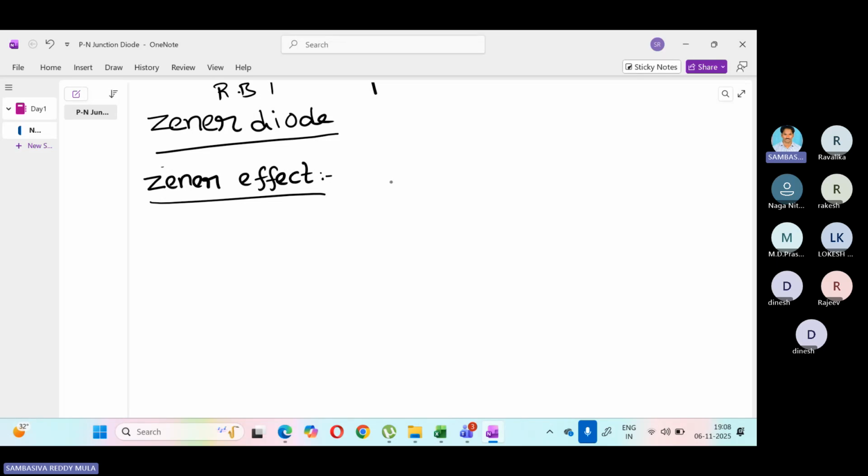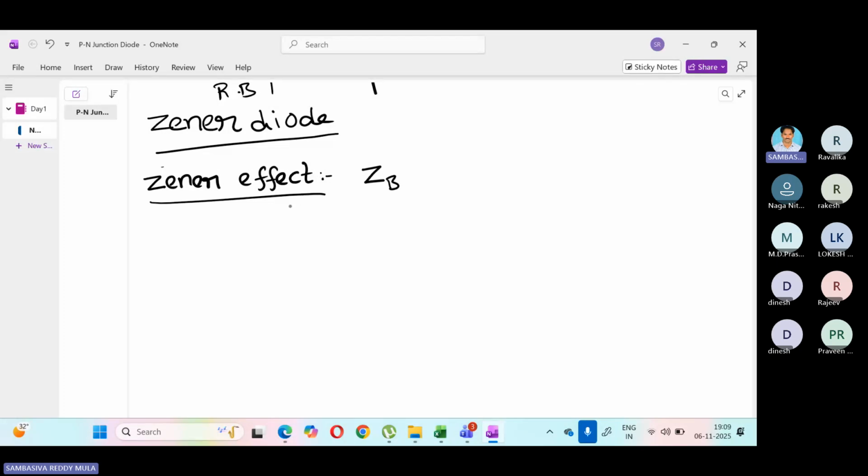A breakdown occurs in the Zener diode. So, Zener breakdown. After this Zener breakdown voltage, high currents will flow and the voltage remains constant across this Zener diode. This is the special characteristic of the Zener diode.